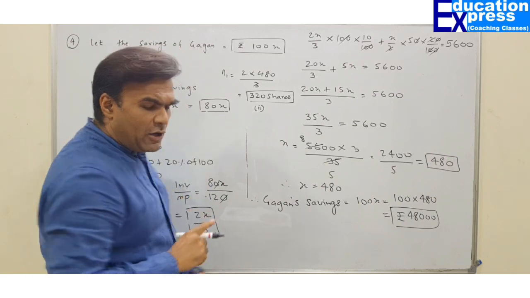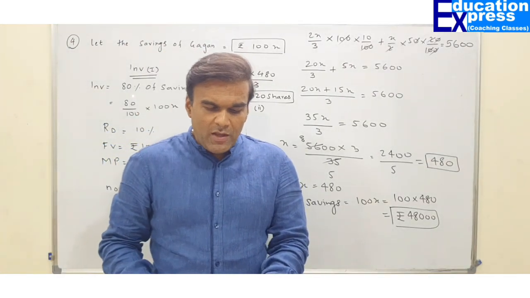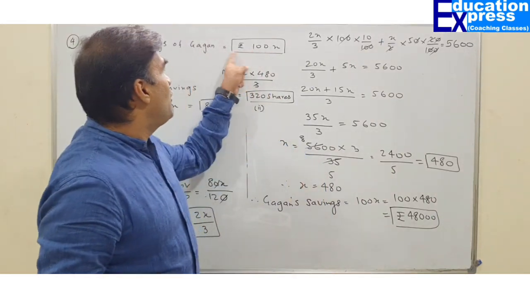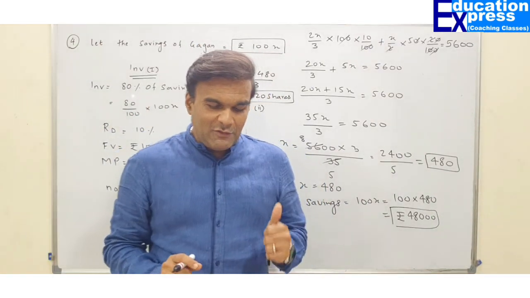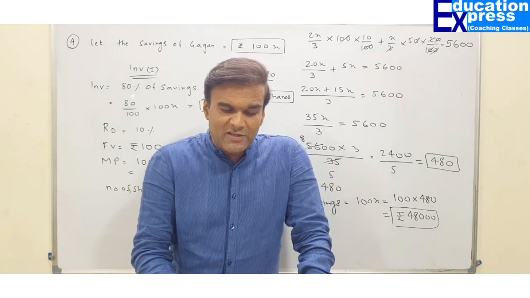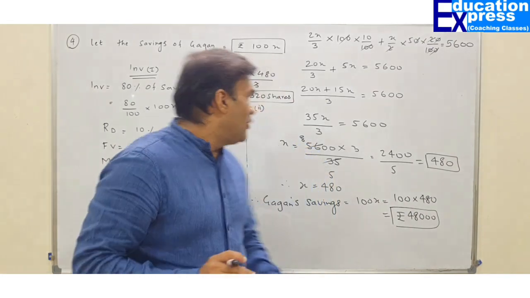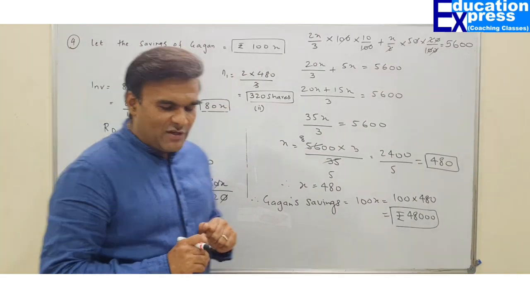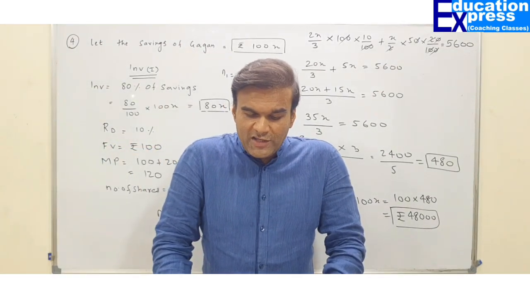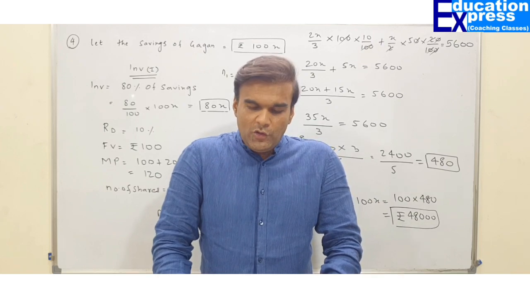The first part of the question is to find out his total investment in shares. His total investment in shares was 100x, that is 48,000. The second part is to find the number of shares of the first kind that he bought. That also we got to know, 320 shares. The third is the percentage return on the shares bought on the whole.